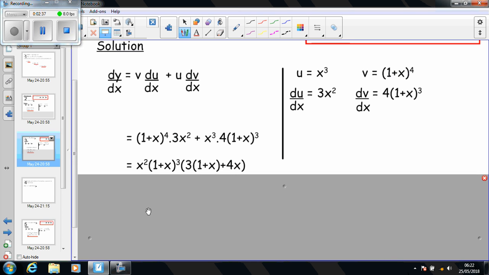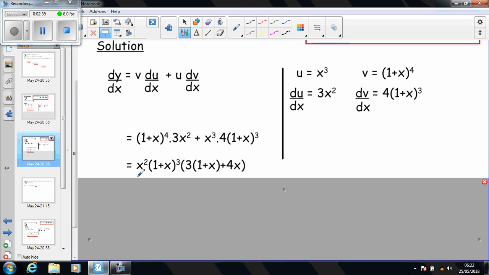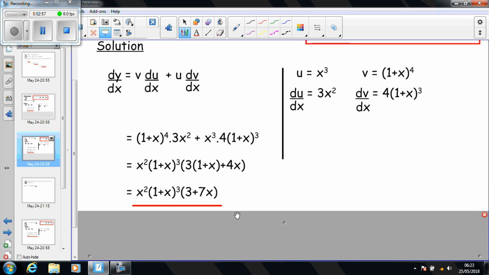Tidying that up a bit, I factorised out the x squared and the 1 plus x cubed and put everything else in a bracket. You might want to take a moment to check that if I were to multiply that by the first term and that by the second term, it would actually get back to the line before. Tidying up the bracket then, I get x squared, (1 plus x)^3, and (3 plus 7x).